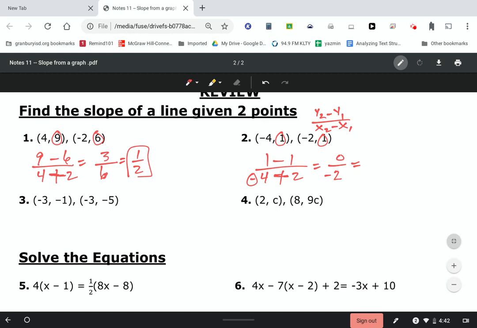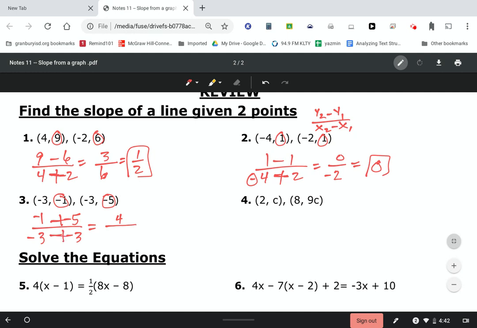And 0 divided by -2 is 0. All right, let's take a look at number 3. Circle, circle, dash, line, dash. So I have -1 and -5, -3 and -3. So here, minus a negative becomes a positive. Same signs, add and keep, different sign, subtract. Take the sign of the higher, then you'll be exact.